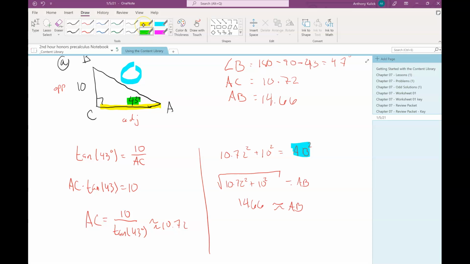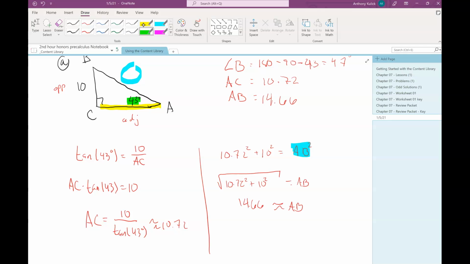One little quick check that I can do at the end. It doesn't guarantee I have the correct answers, but often will catch a significant mistake. I know that the biggest side has to be across from the biggest angle, the middle side across from the middle angle, and the smallest side across from the smallest angle. If I look at this, my smallest angle, 43, is across from 10. That's the smallest side. That looks good. 47 is my middle angle. That's across from 10.72.